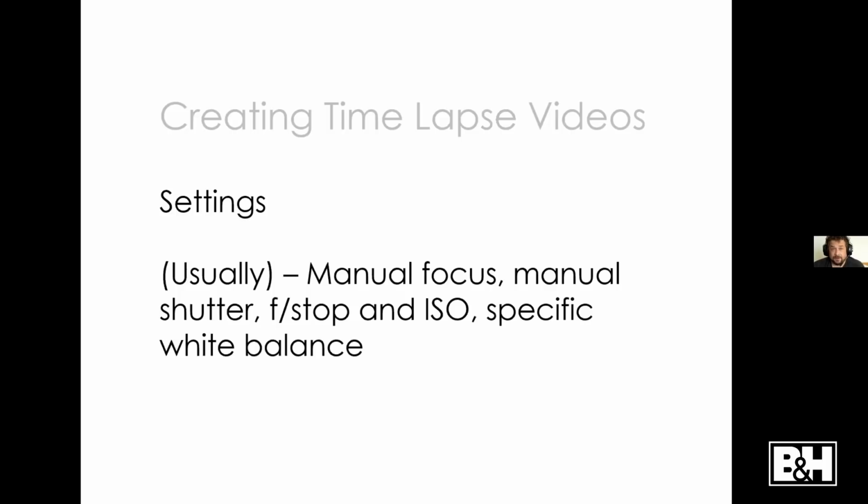If I'm doing a person, an interview, I'll use autofocus with video. With time lapse, you want to lock everything down most of the time because you'll see it jump around. It gets all jittery and flickery and the white balance can change. If you see a white balance shift, that's bad. So usually you want to lock everything down. We'll talk about some exceptions to that.